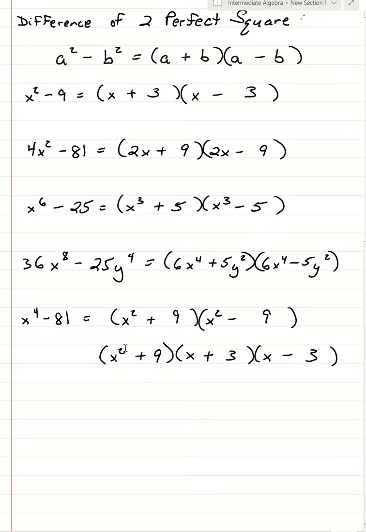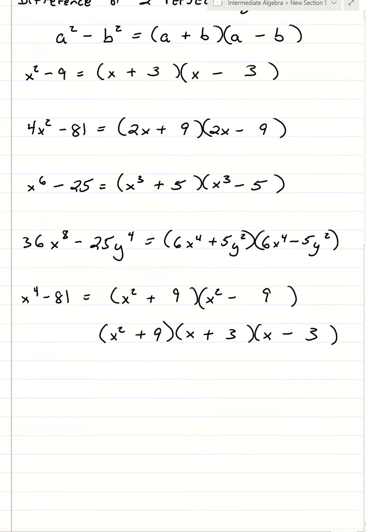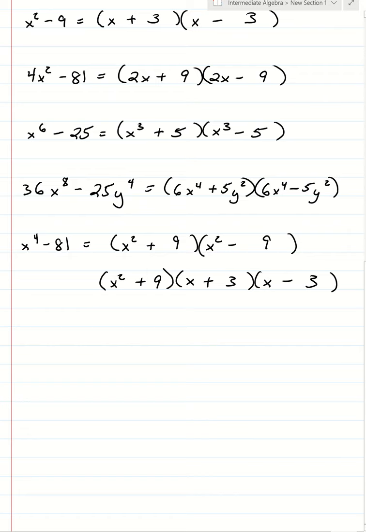Now, you might be asking yourself, well, why can't I do anything with this x squared plus 9? Well, that's because x squared plus 9 is not the difference of two perfect squares, but it is the sum of two perfect squares.